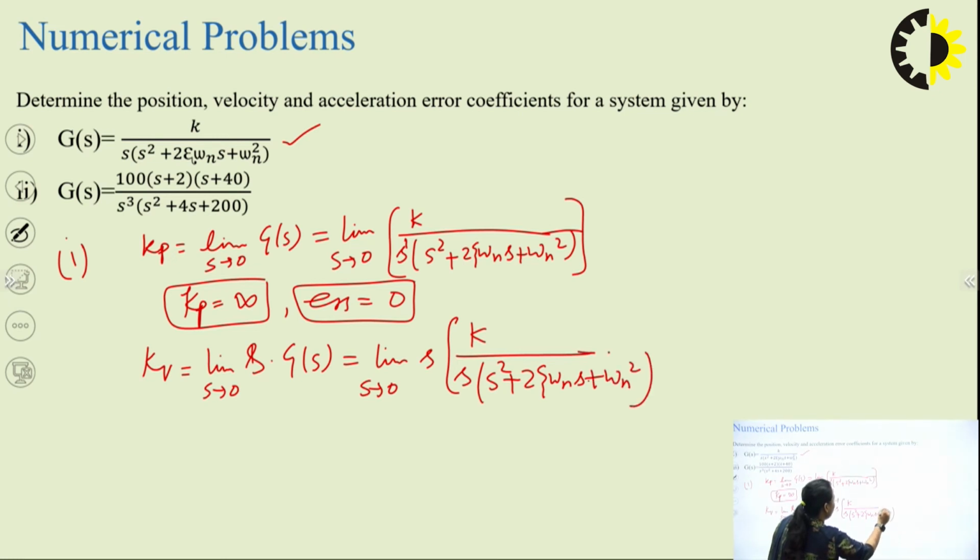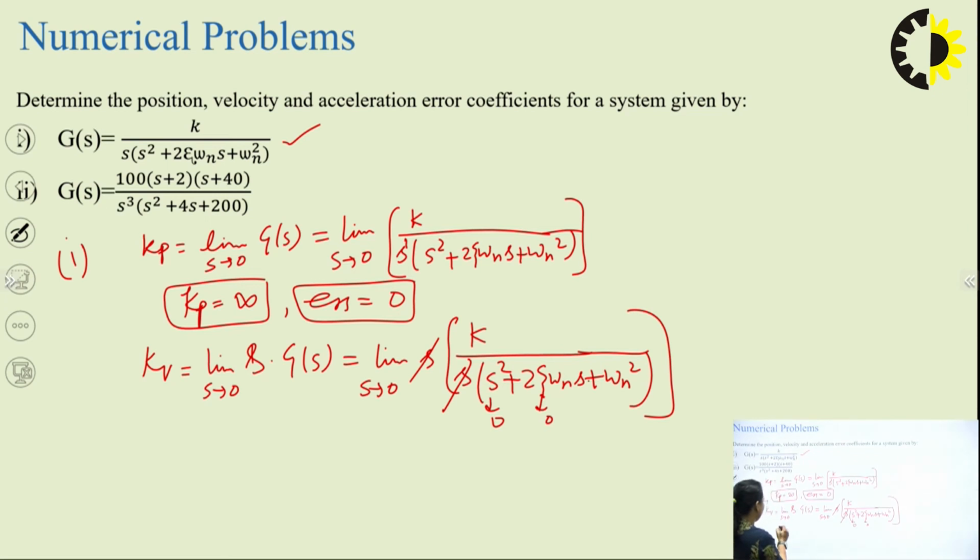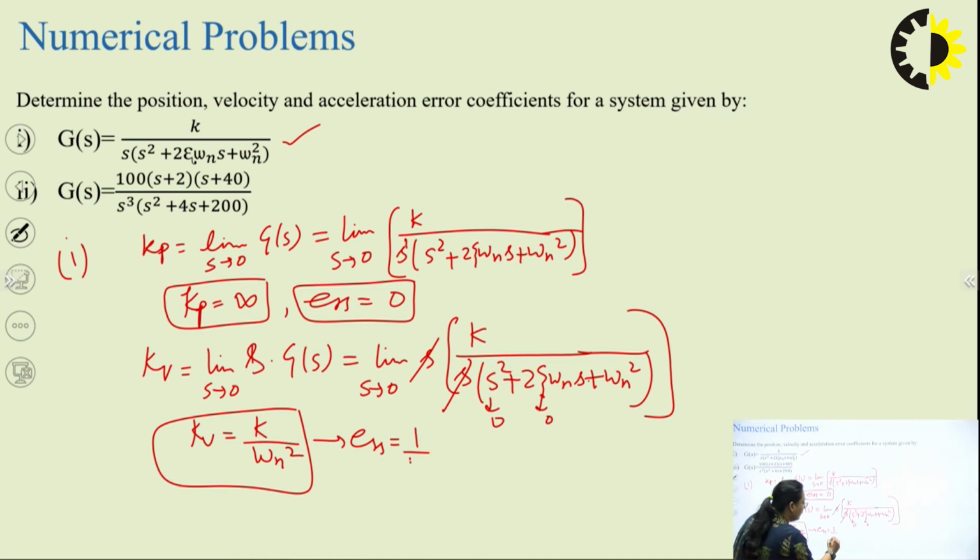When I put the value of s here, the s gets cancelled, and the remaining s terms become 0, so the value is k upon omega n square. So for a type 1 system I get a constant, k upon omega n square. Correspondingly, the steady state error will be 1 upon Kv, which is omega n square upon k.